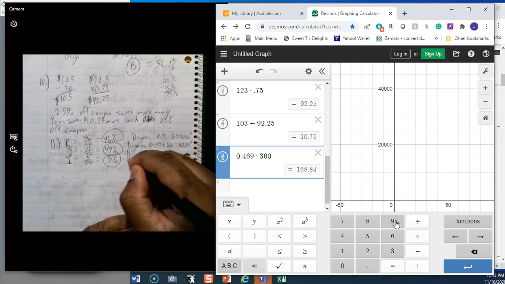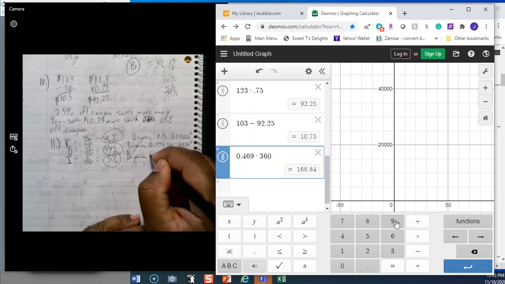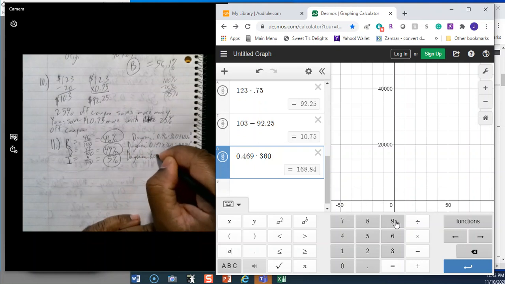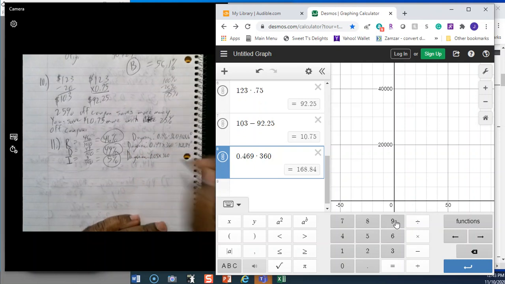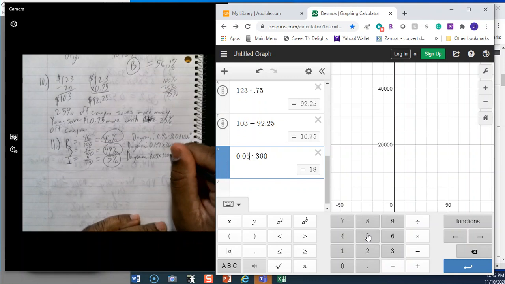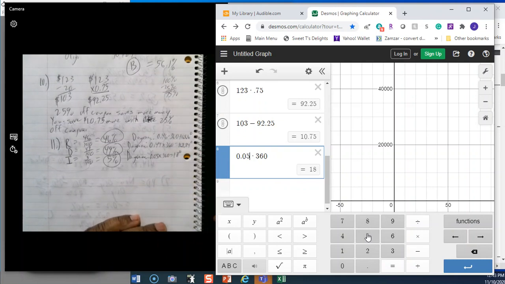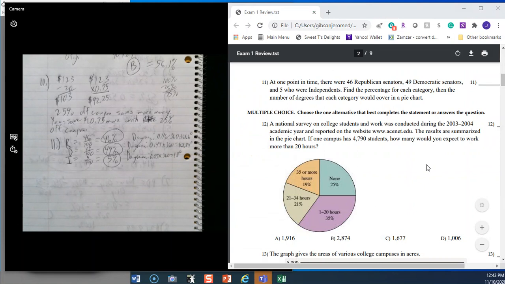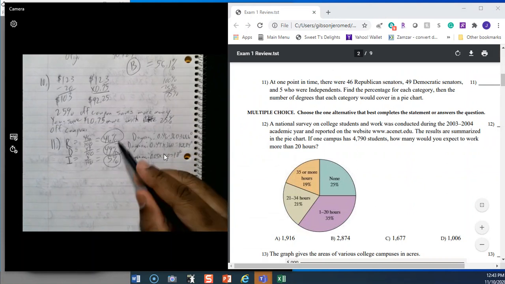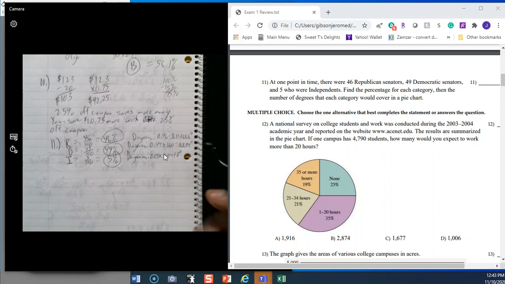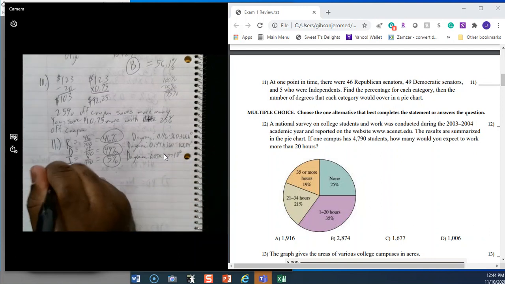And then finally, degrees for the Independent, 0.05 times 360. So that'll be 18 degrees. And for number 11, okay, that's it. So we have their percentages, we have their degrees. That's all they wanted here.